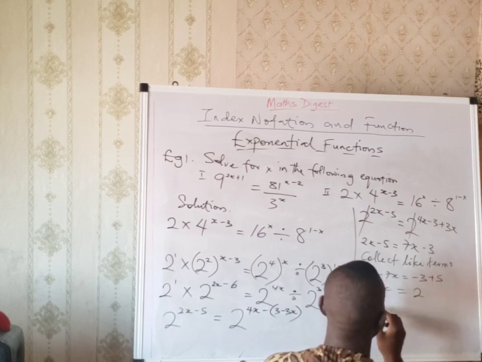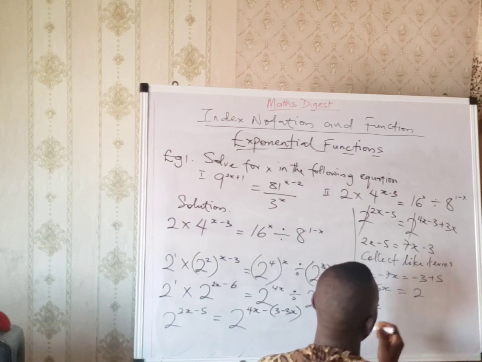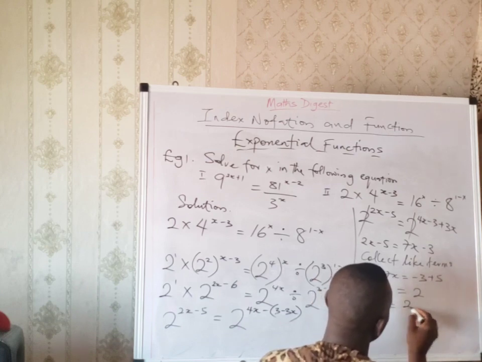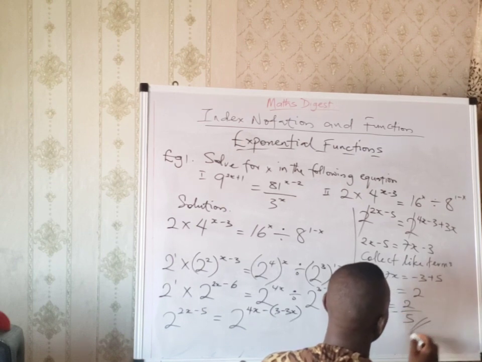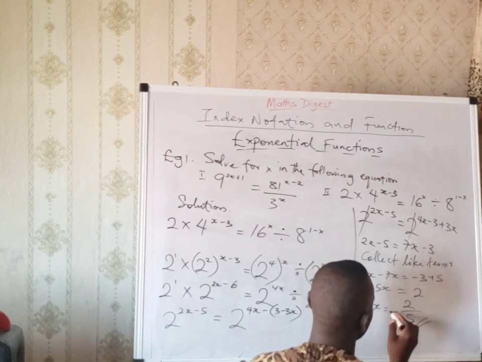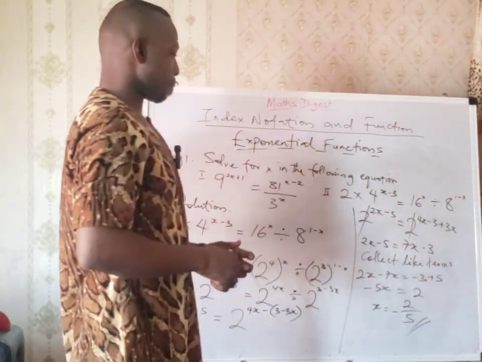We have 2. So with this we have 2, divide both sides by minus 5, we have x equal to 2 over 5 in minus sign. Okay, so we have minus 2 over 5. So this is the final answer.